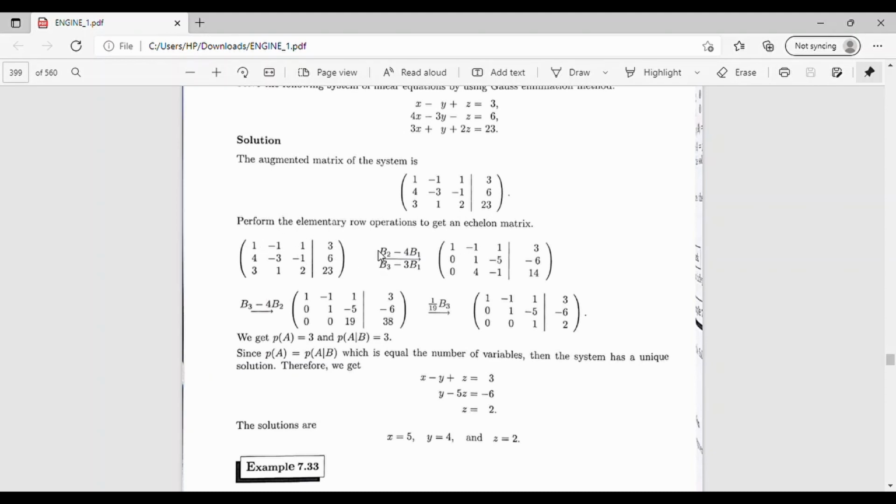So when we finish that, we get the matrix like this. After that, for row 3, we also need to convert 3 into 0. So we use row 3 minus 3 times row 1.